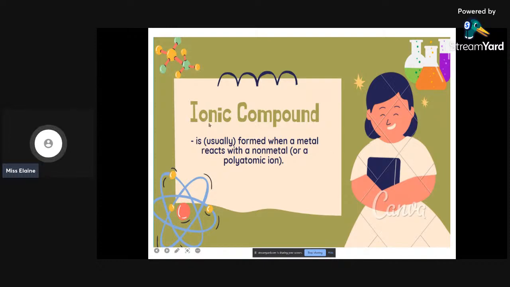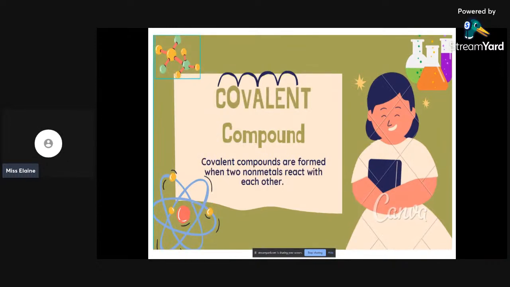So ionic compound: metal and non-metal. While covalent compounds are formed when two non-metals react with each other. So, two non-metals are considered covalent compounds.